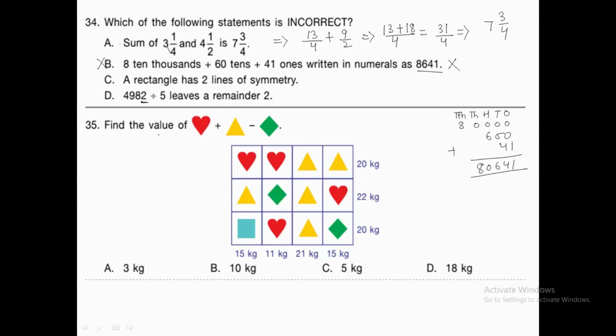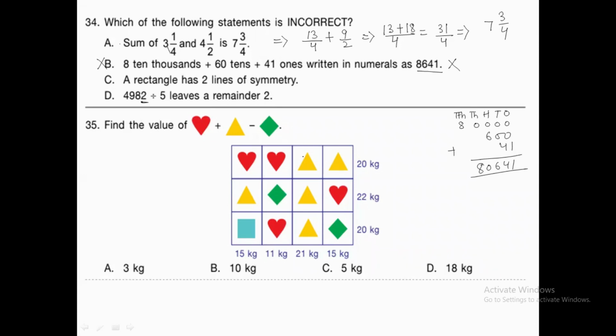Now let's move to question 35, where we need to find the value of this heart plus this triangle minus this diamond. What we can see over here is 2 hearts plus 2 triangles is equal to 20 kg.